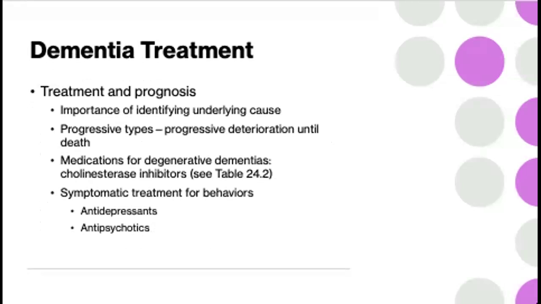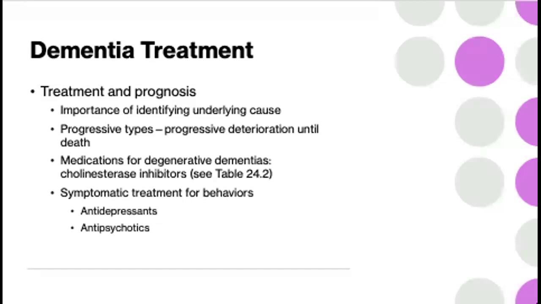For our prognosis, we have progressive deterioration in physical and mental abilities, typically until death for all of these. The later the stage, the more cognitive and functional impairments we have, which makes them really rely on their caregivers. For therapies, there's no cure for degenerative dementias.